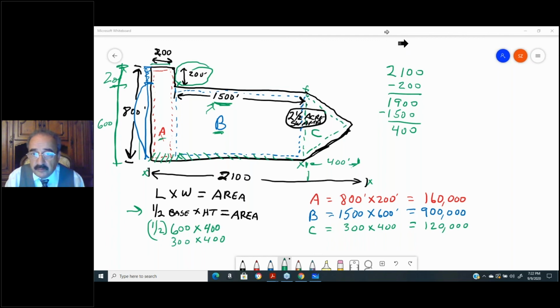Let me get rid of my screen here. I did this before and I had a problem with it. Let me clear this for a second. Nope, I didn't clear it. One second.